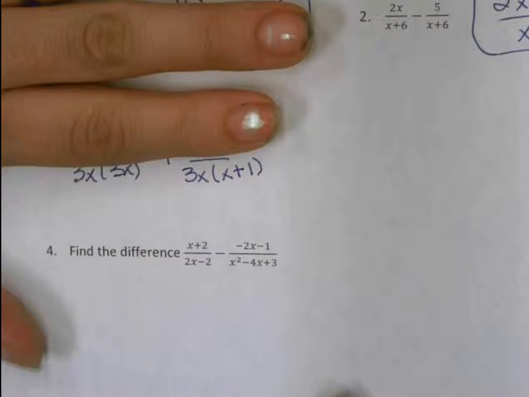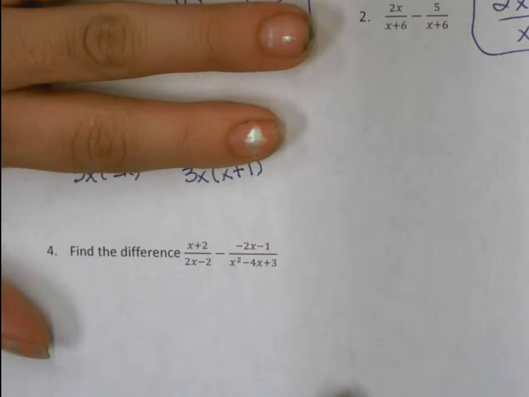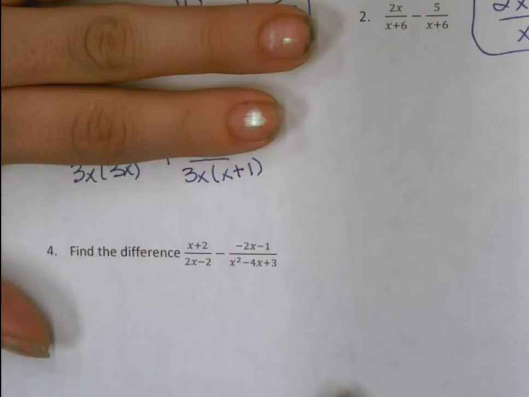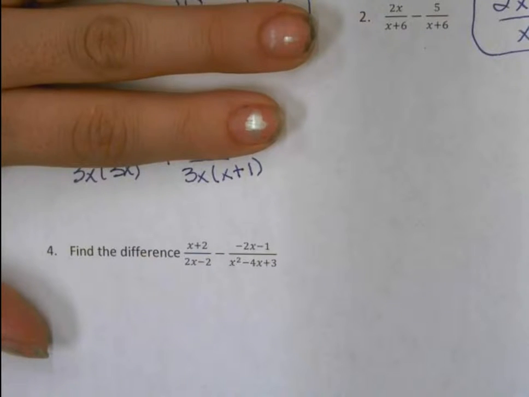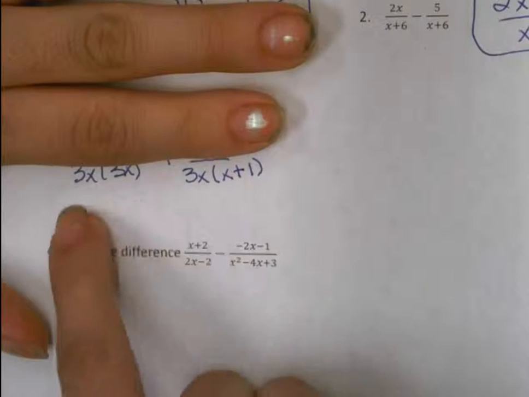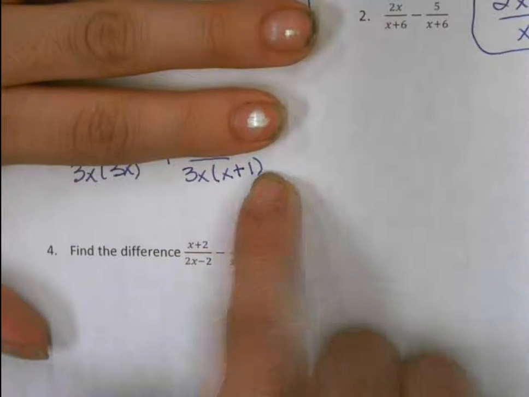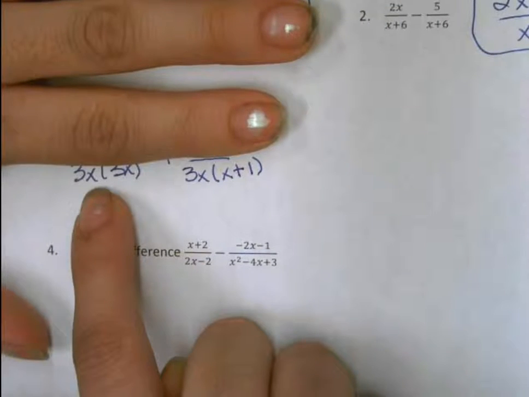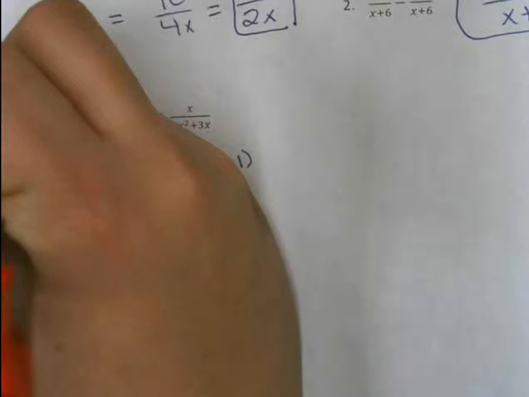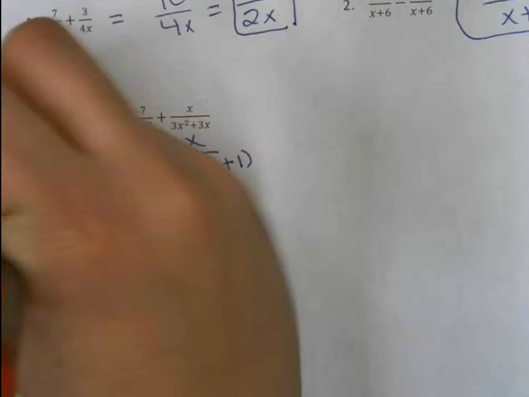Right now they're different, right? So I'm not looking at the top at all. I want them to have all of the same pieces on the bottom. Right now this has 3 x's, and this one has a 3x and an x plus 1. So what do I need to add to this one to make it the same? X plus 1. So I'm going to multiply the top and the bottom of the first one by x plus 1.